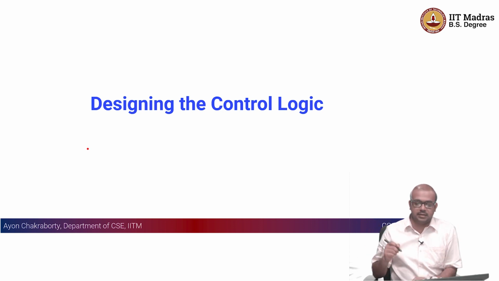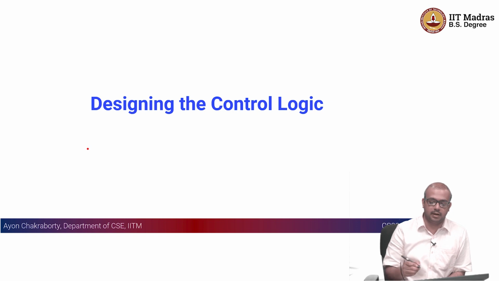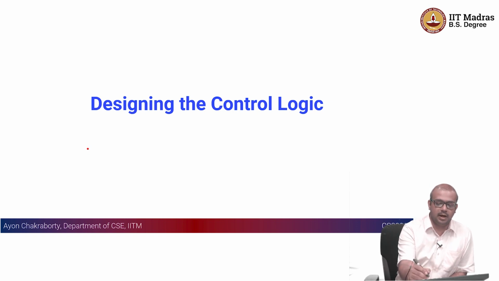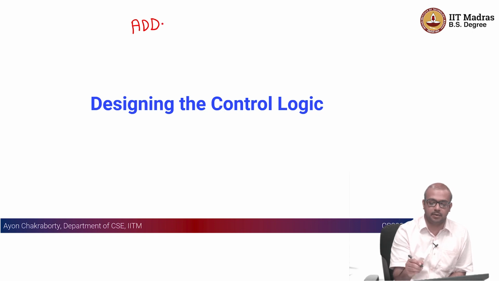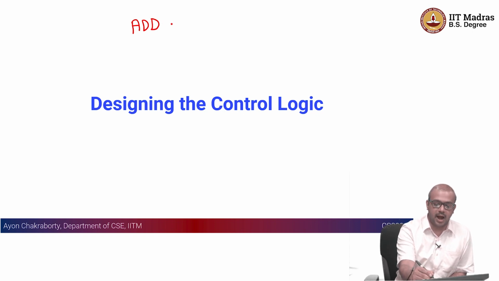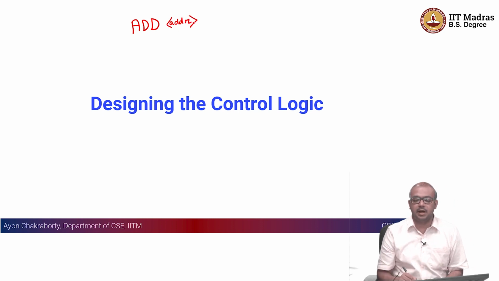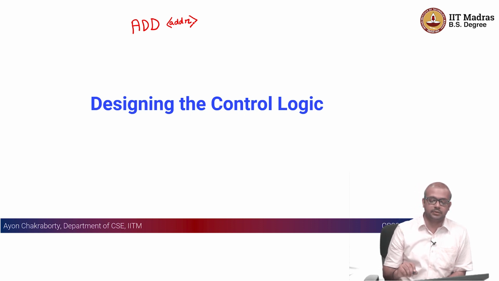So, let us take the example again for the discussion now. Let us say I have an instruction called add. Let me stick to the instruction set that we have been following for our Gajendra processor. So, add ADDR, okay. So, some address. This is our add instruction, and what it does, suppose address is whatever, right.